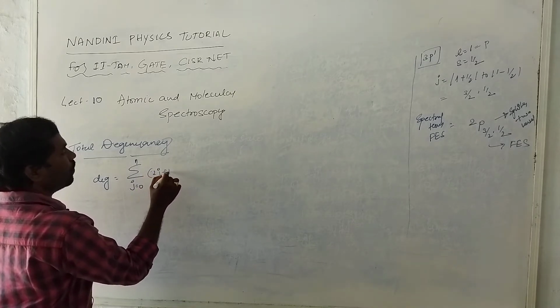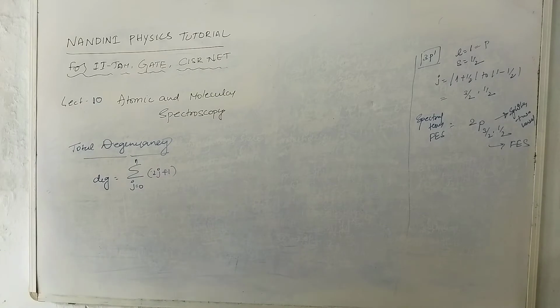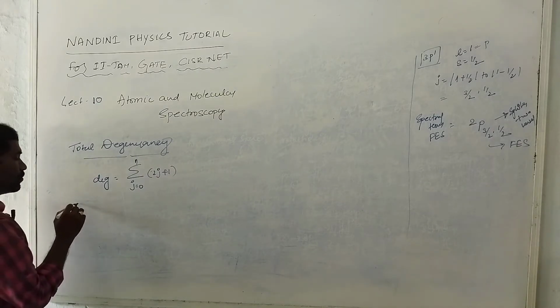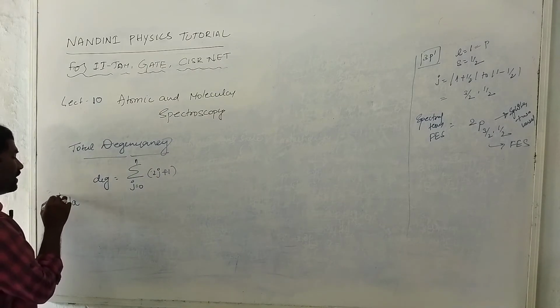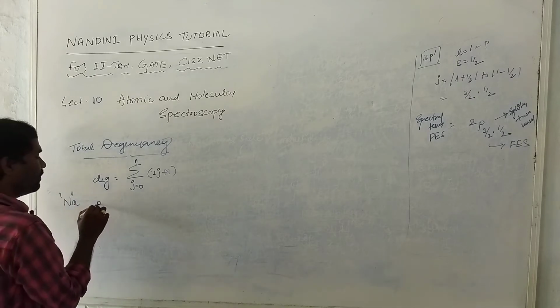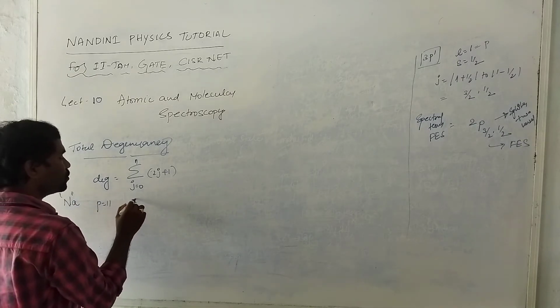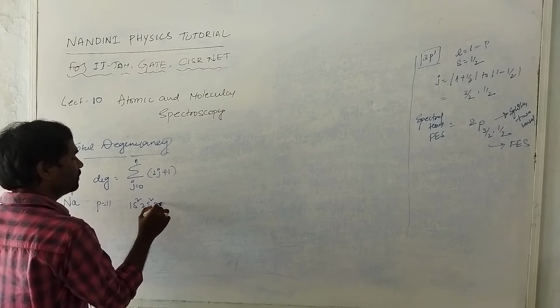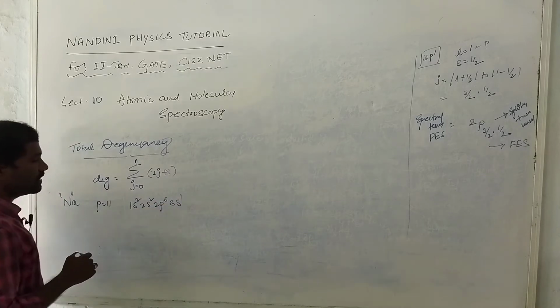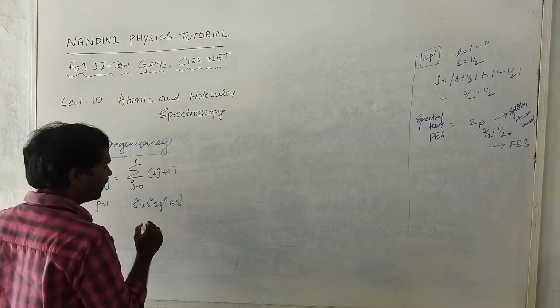So, this is the degeneracy. Now, what is the spectral term? Once again I will write the spectral term for sodium. The proton number is 11, so the configuration is 1s2, 2s2, 2p6 and 3s1. This is the ground state configuration.